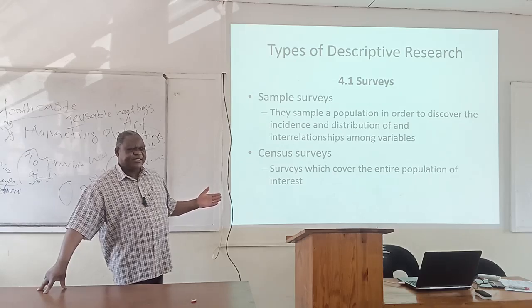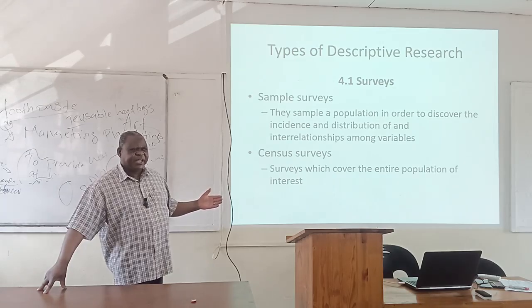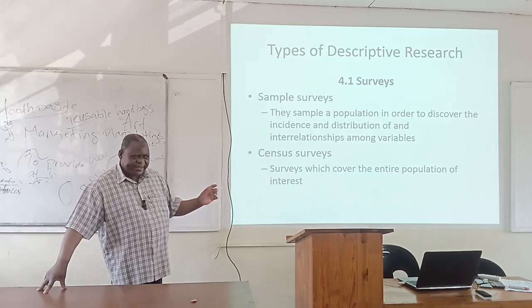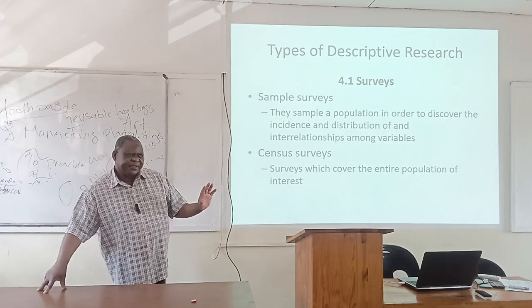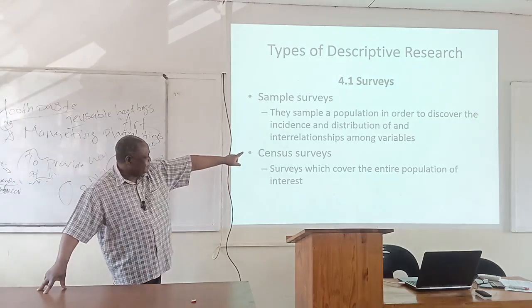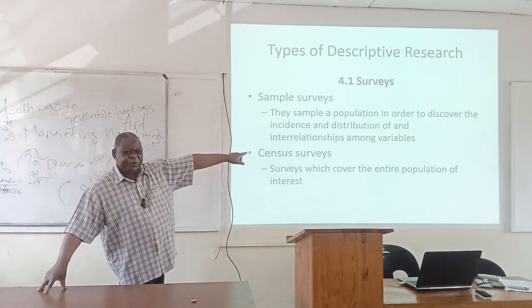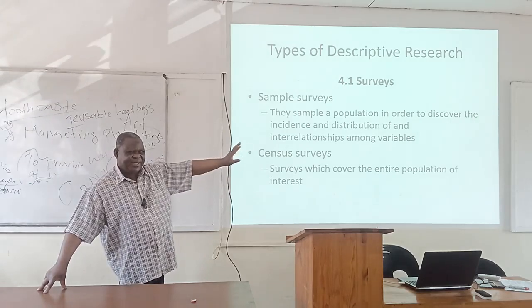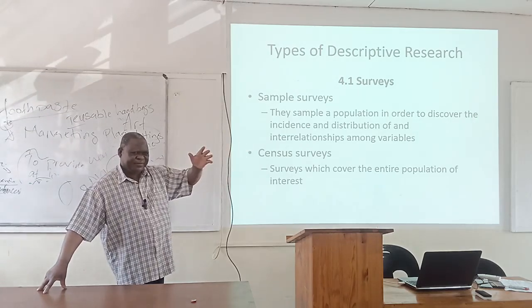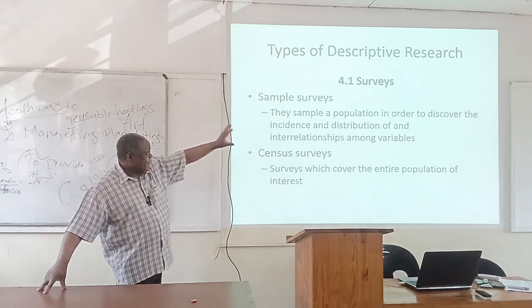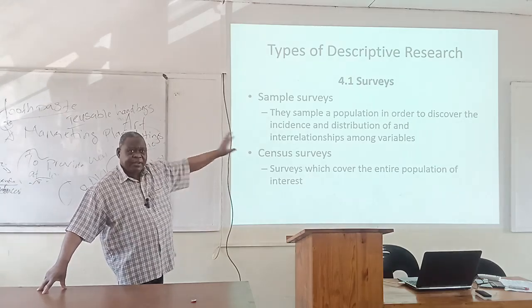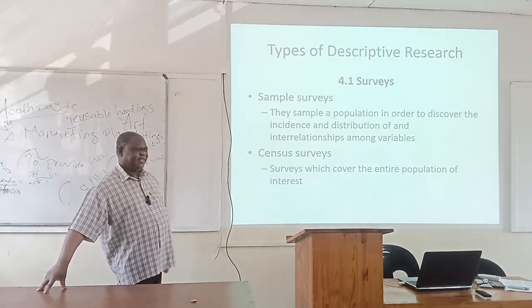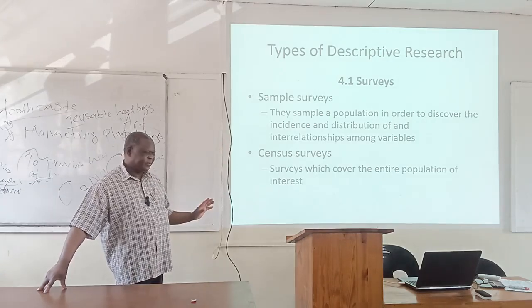Is it the existence of income generating activities? What is it that is making them differ? Then you are dealing with the issue of relationships. Are you making sense? But all that is in the process of trying to describe the status of a situation.